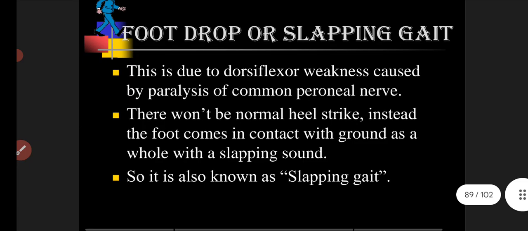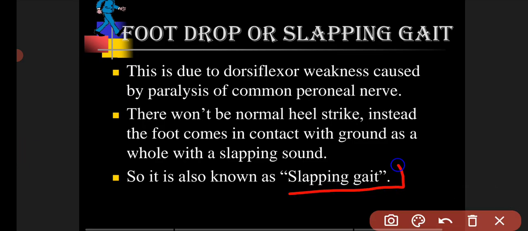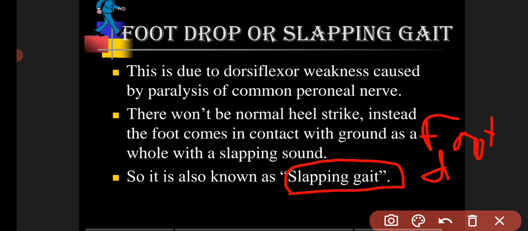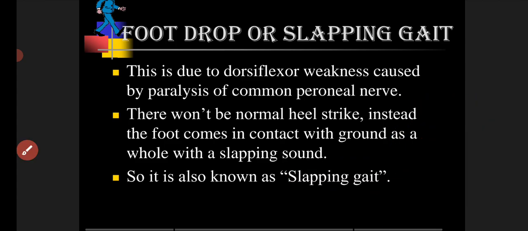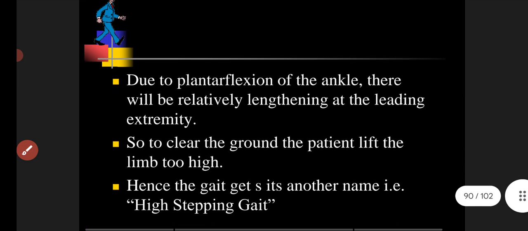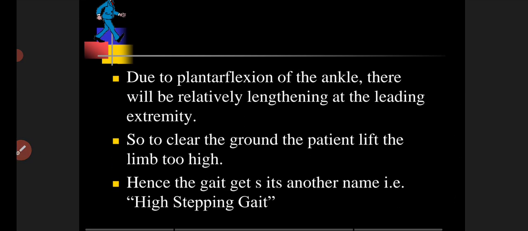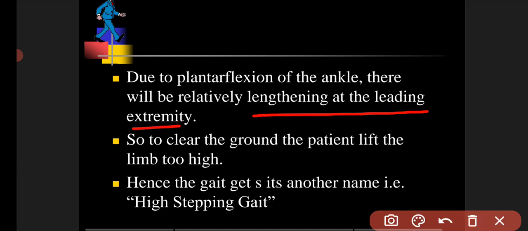So it is also known as the slapping gait, or the foot drop gait. In foot drop gait, the patient normally walks with a slapping sound. Due to plantar flexion of the ankle, there will be relative lengthening of the leading extremity.